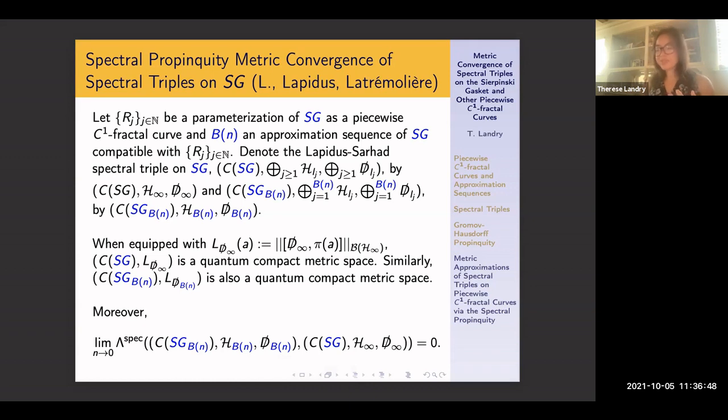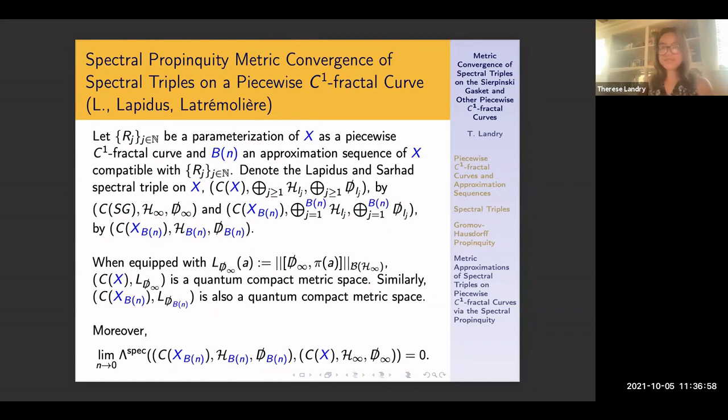And we can define spectral triples on them by first constructing spectral triples on simpler approximating spaces. Because of the nature of these arguments, it still applies if I replace the Sierpinski gasket with any piecewise C1 fractal curve.